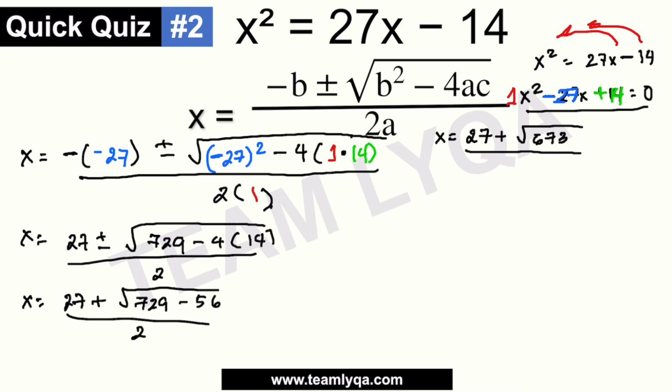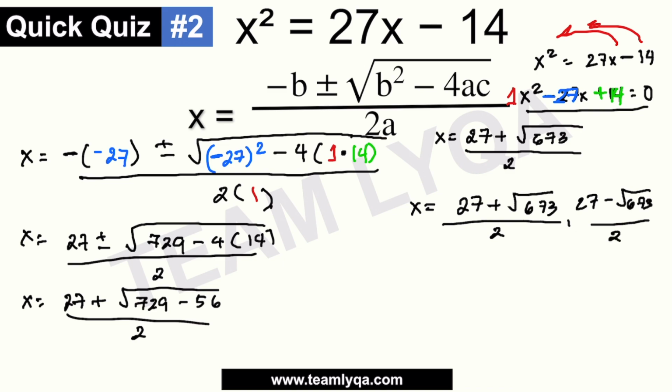All over, you have 2. Okay. Now, yung 673 is also a prime number. So, again, iwanan na natin siya as it is. Kaya, ang mangyayari na would be x is equal to 27 plus the square root of 673 all over 2 and 27 minus the square root of 673 all over 2.